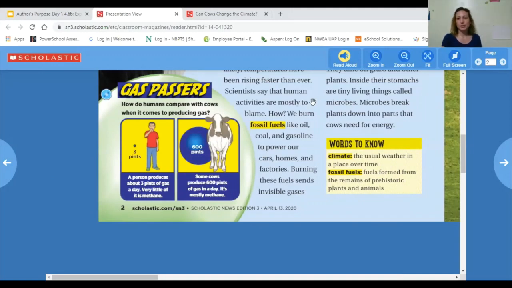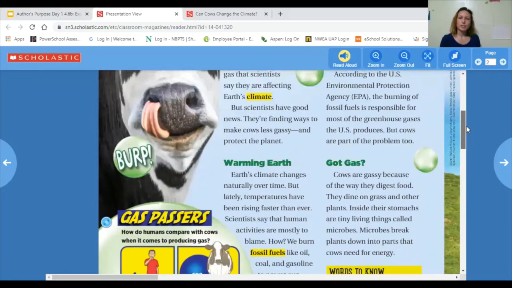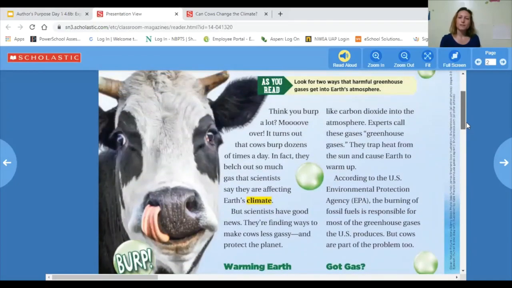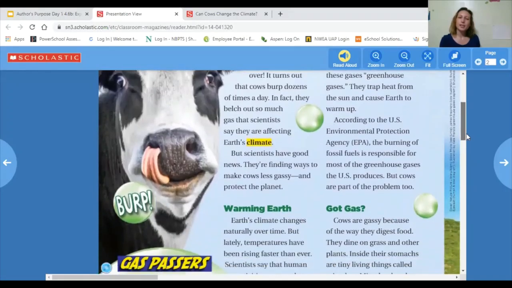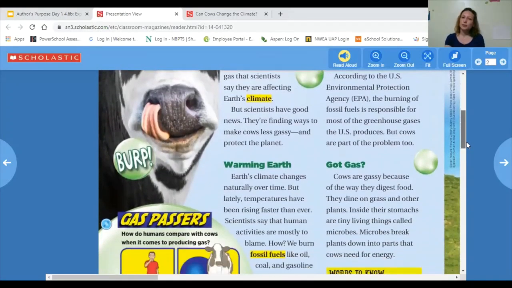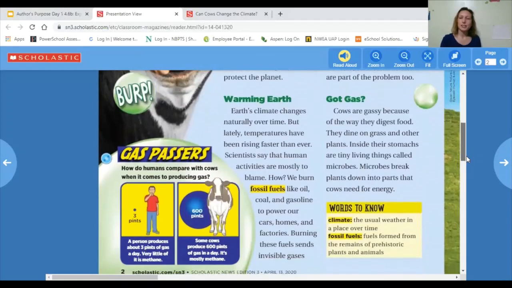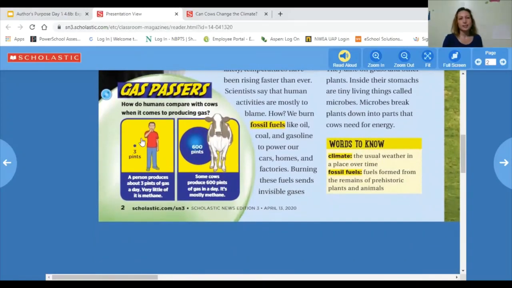Was it giving me the same information that was in the article? No. This article was written to inform or give information about cows and how greenhouse gases affect the environment, and scientists are trying to fix that. This here was written to give me information about how cows compare to people in the amount of gas they produce each day.